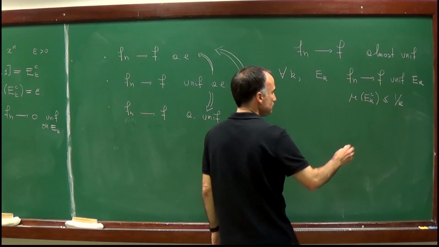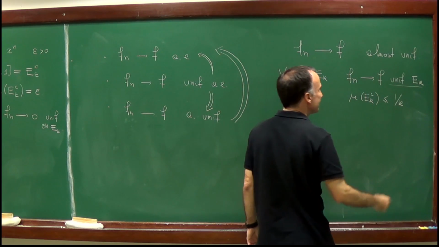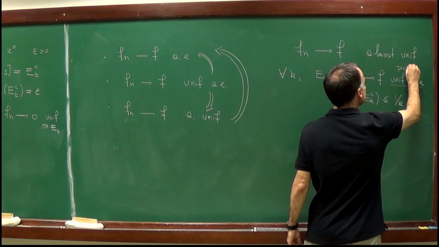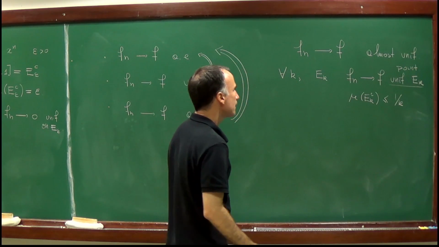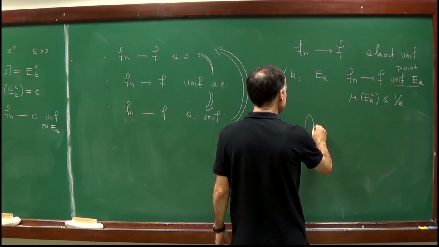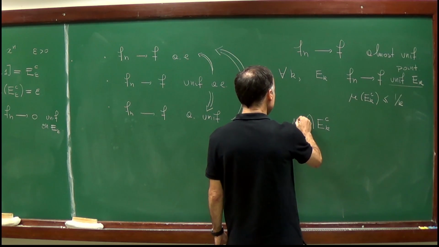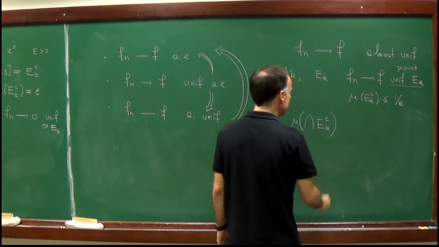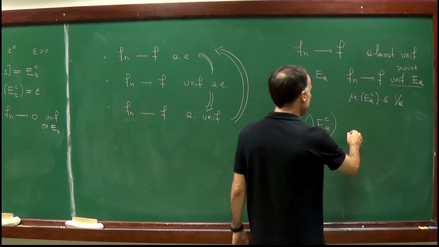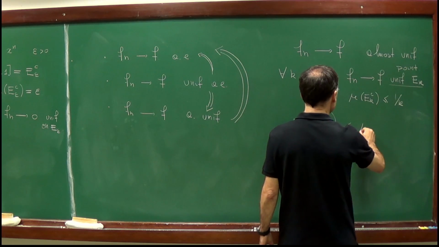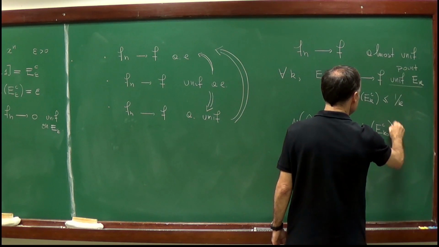So if I have uniform convergence on Ek, I have also pointwise convergence on Ek. That's clear. So now if I take the intersection of all Ek complement, the measure of this intersection is of course bounded by the measure of Ek0 complement.